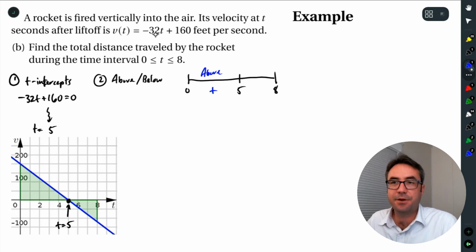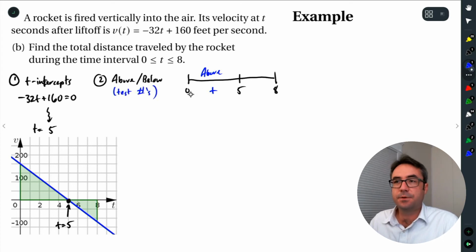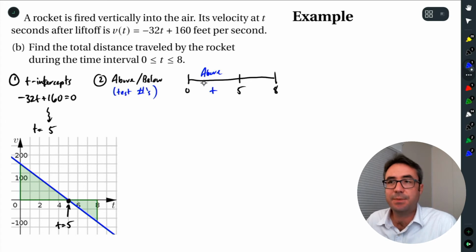And if you don't have the graph, you can always use test numbers to help you out. So for our interval from 0 to 5, pick a test number, maybe like 1. Plug it into the function. We get 160 minus 32. That's a positive result. That means our function is above the horizontal axis on this interval.